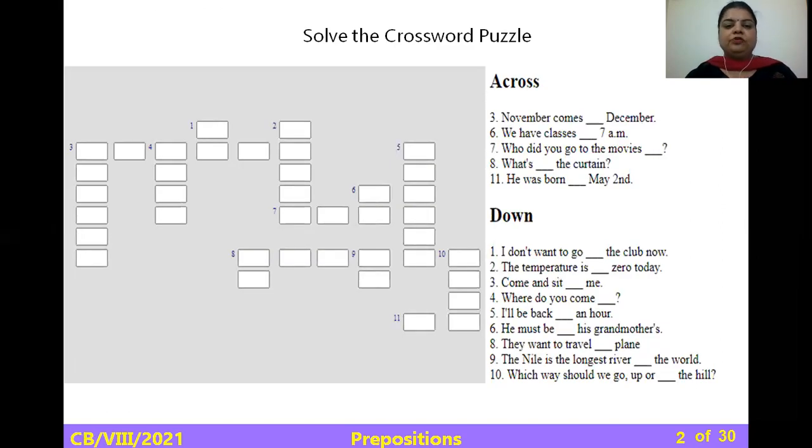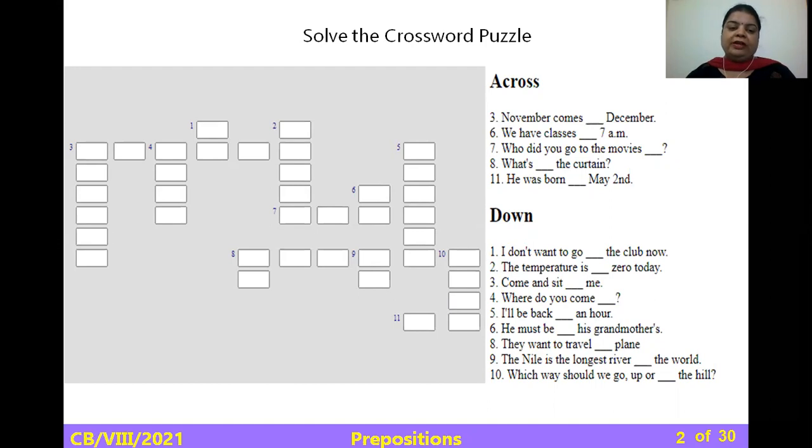To solve this crossword puzzle, we have used different words like before, at, with, behind, on, to, below, beside, from, within, at, by, in, down.